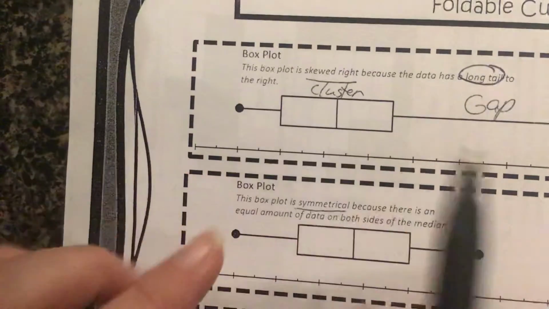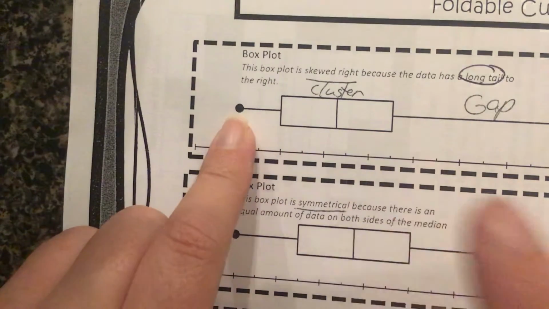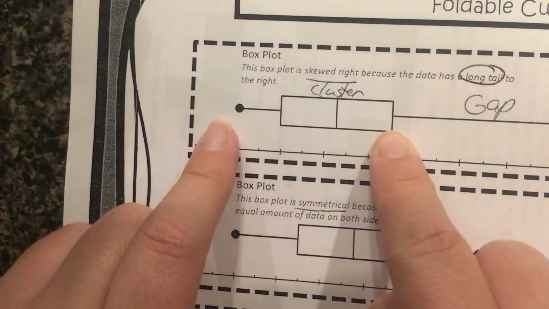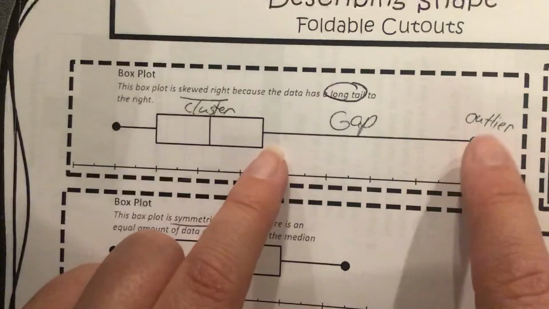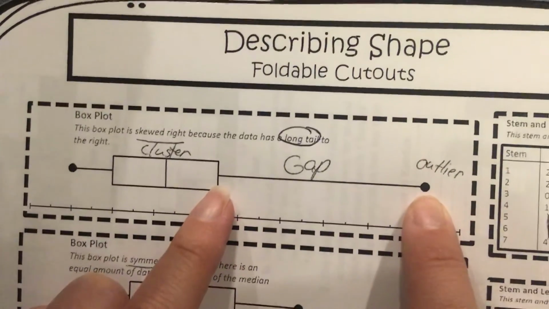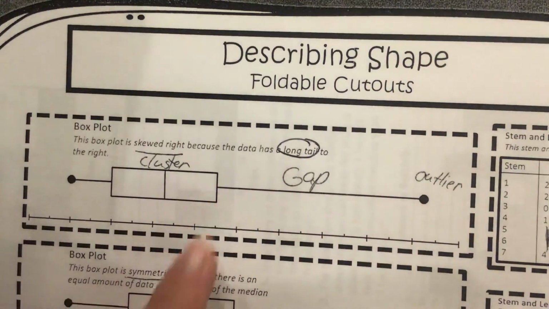If you notice, this is your cluster on your box plot. Remember, this is your minimum. This is your LQR. This is your median. This is your HQR. But look where your maximum is, way over here on the other side. So your maximum is actually the outlier. And this is skewed to the right.